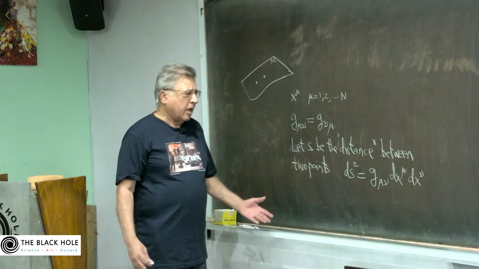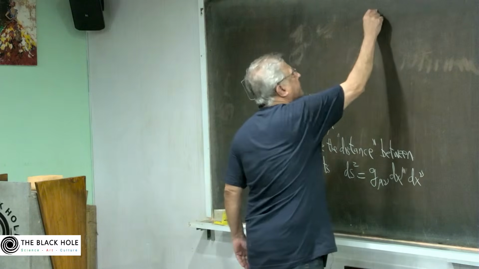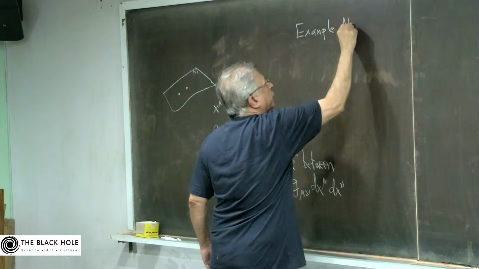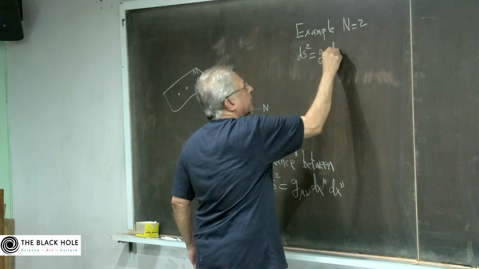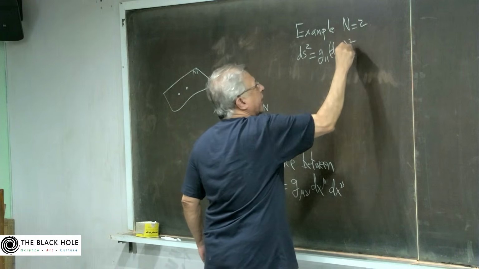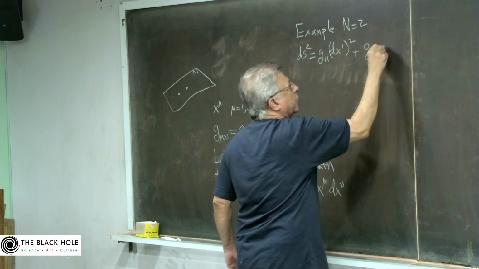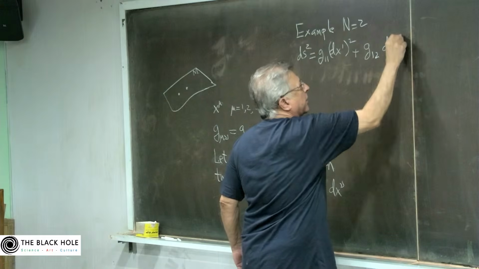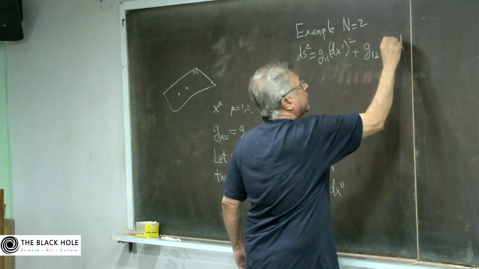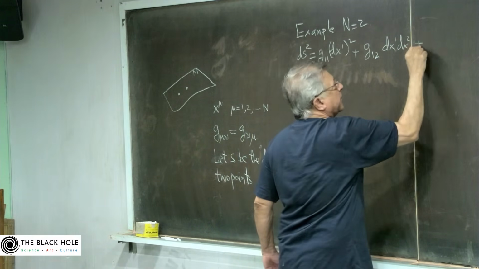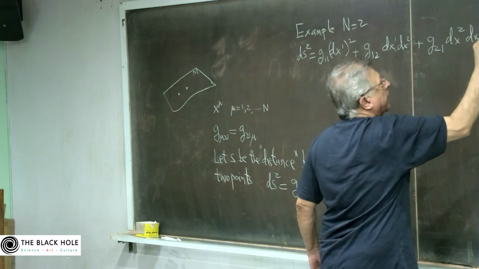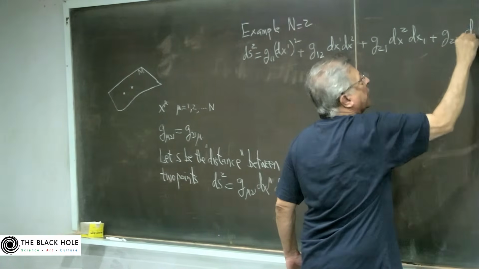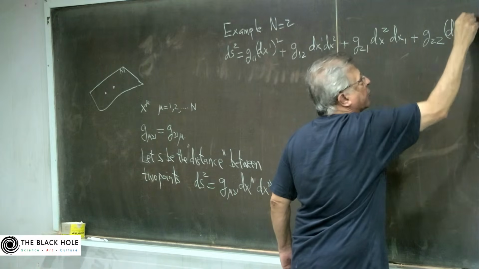So let's say that example, for n equal to 2, we would have ds squared equals g11 dx1 squared plus g12 dx1 dx2 plus g21 dx2 dx1 plus g22 dx2 squared.